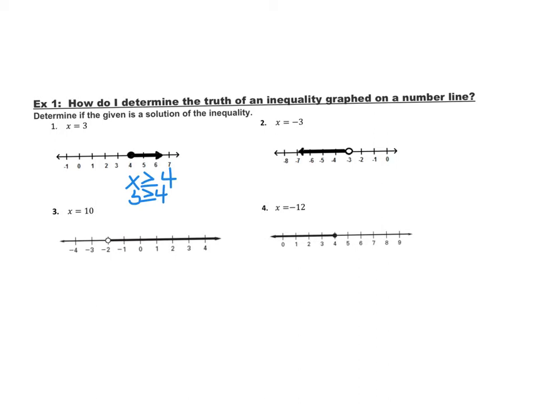No, x is not greater than or equal to 4, so this is not a solution. So x cannot be 3. I can have 4, 5, 6, 7, anything that's greater than or equal to 4, but I cannot have a number like 3.